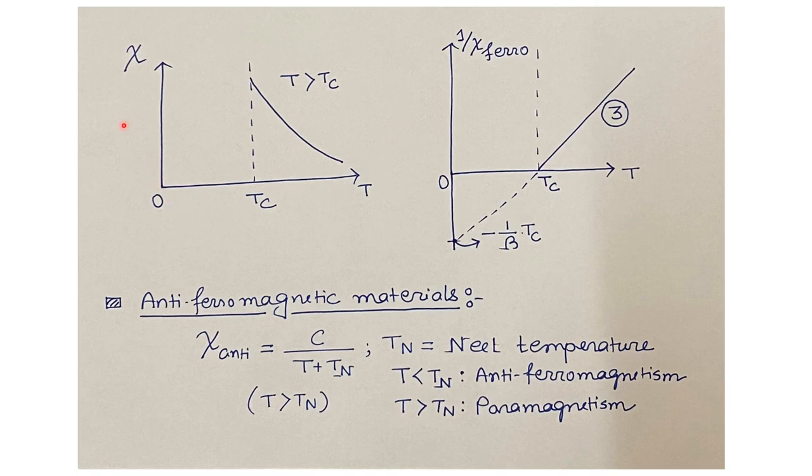If we plot chi versus T for a ferromagnetic material at T greater than Tc, then the curve will look like this. Now we'll plot 1 by chi ferro versus temperature.